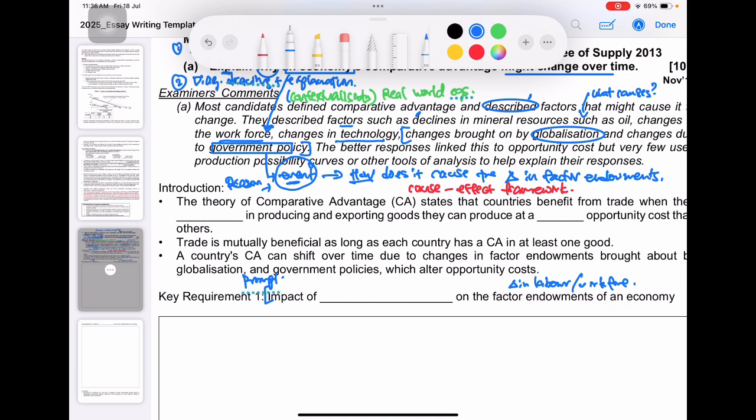So in this case, my KR1 is the impact of government policies on the factor endowment of an economy. So an economy over here is for you to actually identify the real world example that you know of.